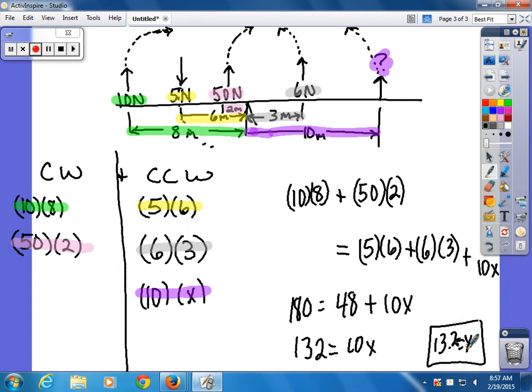So you might not want to call it x, so that won't get you mixed up with this, call it y. And so you've got a force of 13.2 newtons going up. Remember, work is equal to force times distance.